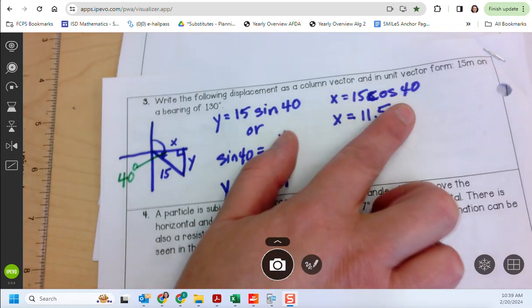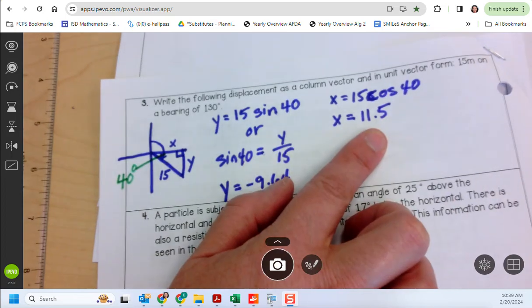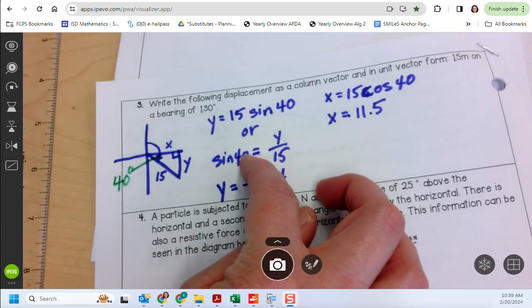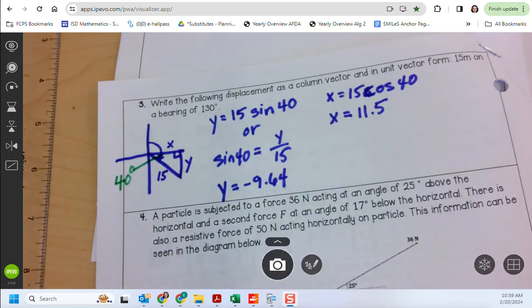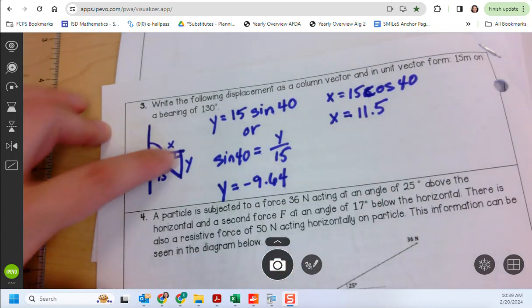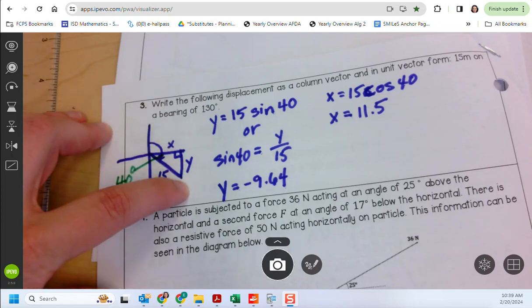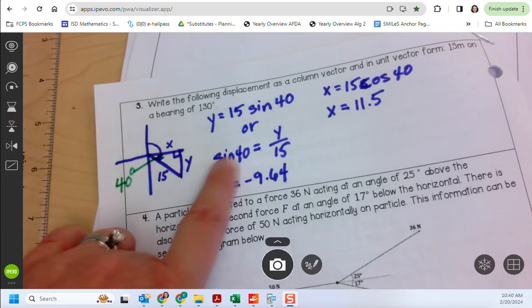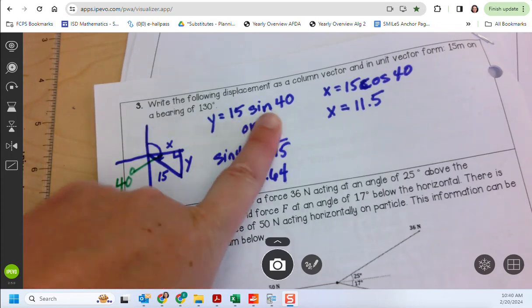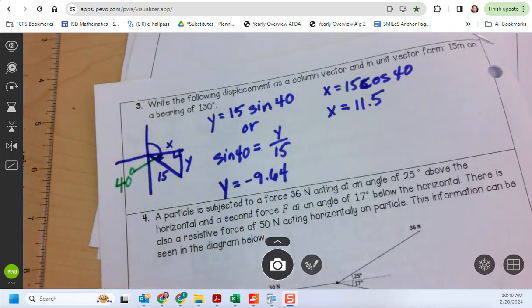The cosine of negative 40 degrees will turn out to be a positive number, and the sine of negative 40 degrees will turn out to be a negative number. But either way, looking at the picture, you have to realize going to the right is positive, going down is negative, and make your answer for y negative. Even if you get a positive out of your formula, which in this case I would, if I did 15 sine 40, it's going to give me a positive number. You have to make it negative because going down is negative.